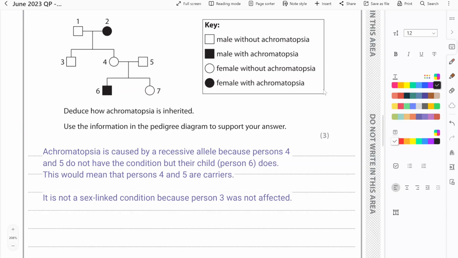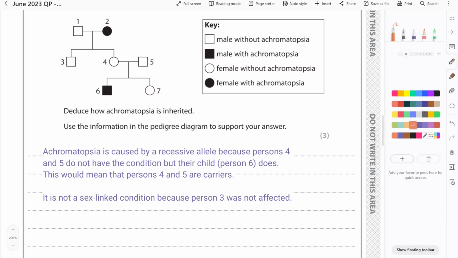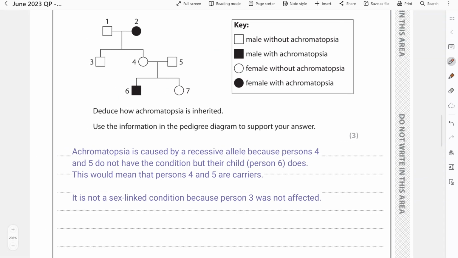Okay. All right, so in order for you to get the 3 marks, you need to mention whether or not it's caused by a dominant or recessive allele. And then you also have to mention whether or not it's a sex-linked disease or a sex-linked condition. So just like with the previous question that we saw, if you see 2 parents that do not have the condition, but a child that does, then that means that the condition must be caused by a recessive allele.